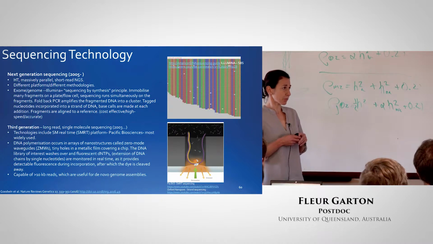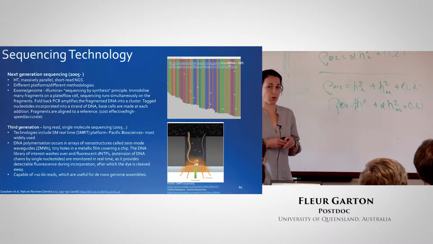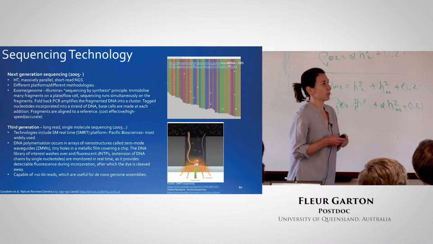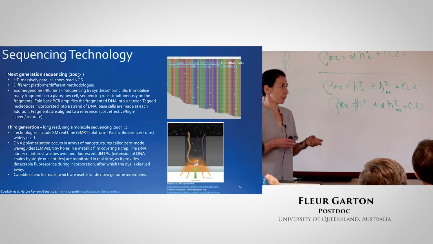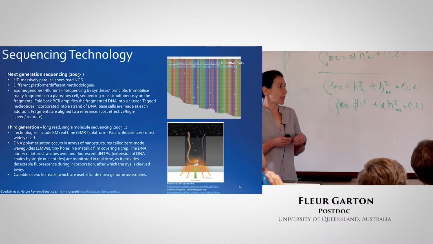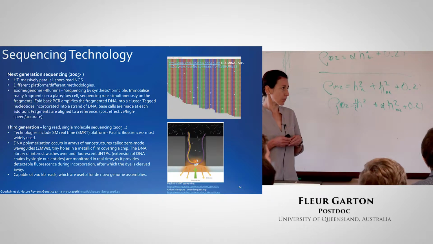Illumina uses something called sequencing by synthesis. So what happens here is that they immobilize many different fragments on a plate or a flow cell, and the sequencing runs simultaneously on these fragments.